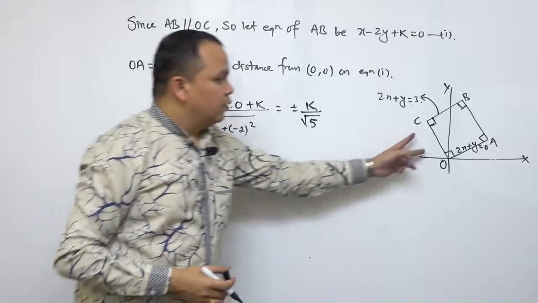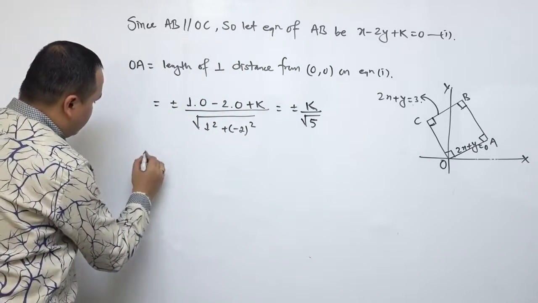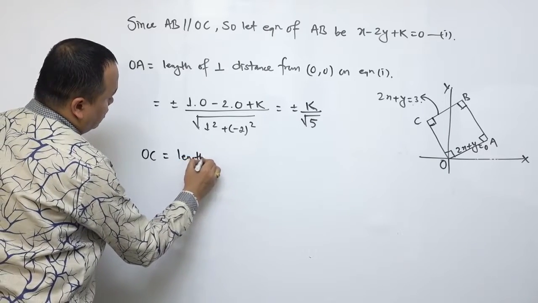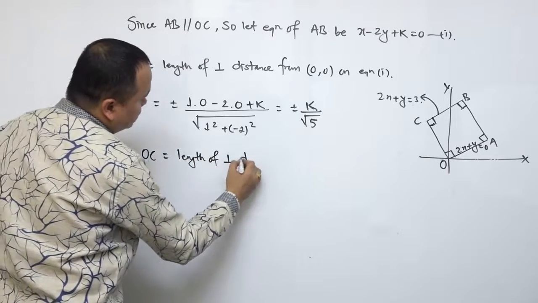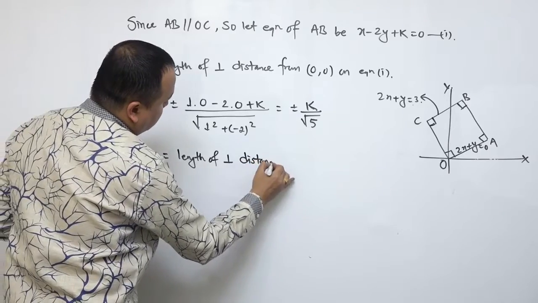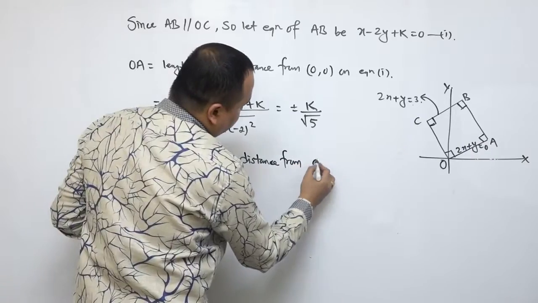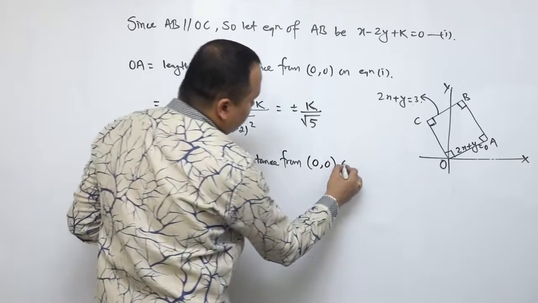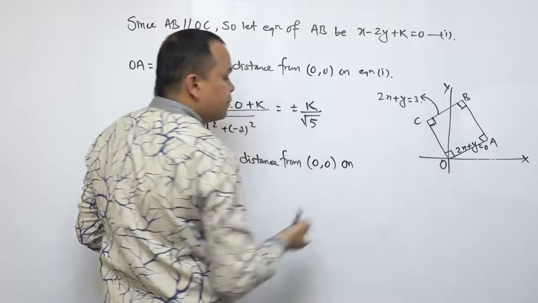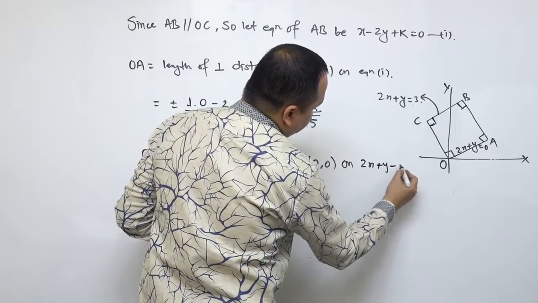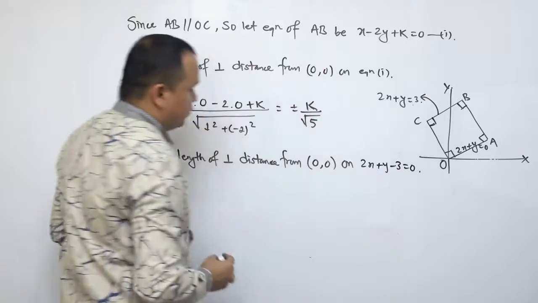Similarly, OC is equal to length of perpendicular distance from O, that is (0, 0), on equation BC. BC is 2x plus y minus 3 is equal to 0.